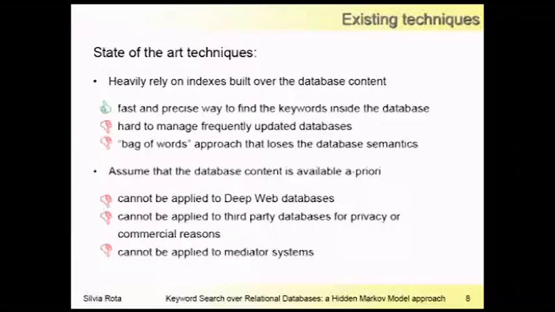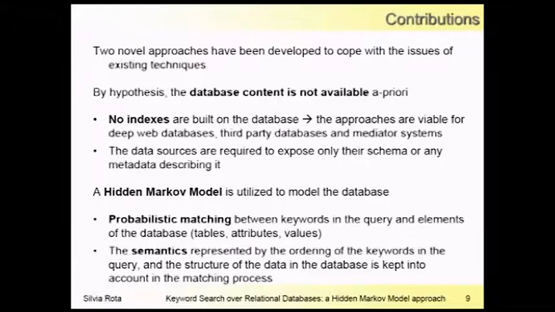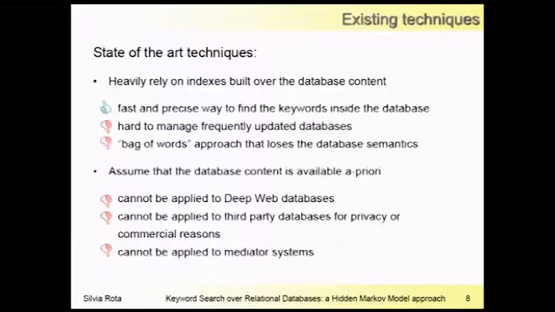Also, this technique is taken from information retrieval, so it treats the keywords and the database content as just a set of words, and the semantics contained in the structure of the database and in the ordering of the keywords in the query is completely lost. And this is quite annoying.